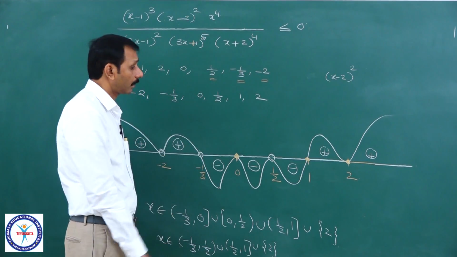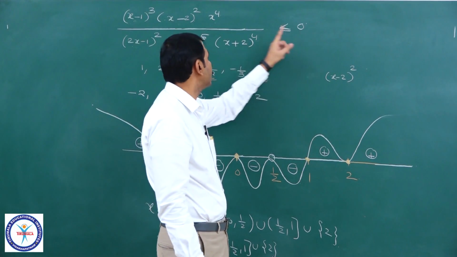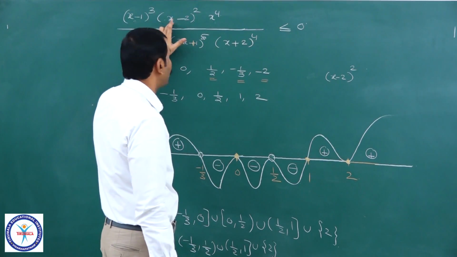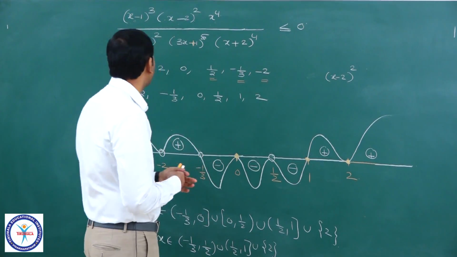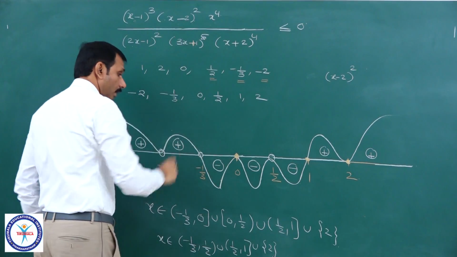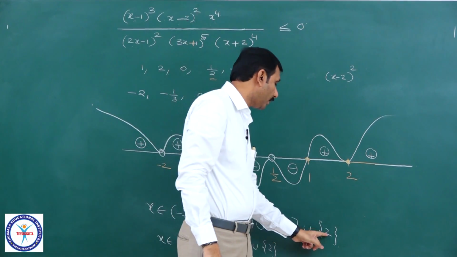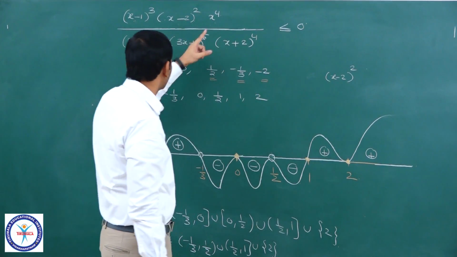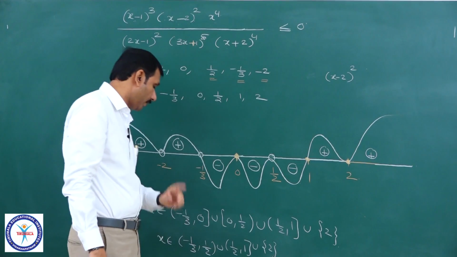And remember, because equal to 0 is also there, all zeros of the numerator should be included in the solution. 1, yes, already included. 2, not included, I have to write that union 2. And 0, yes, 0 is already included.